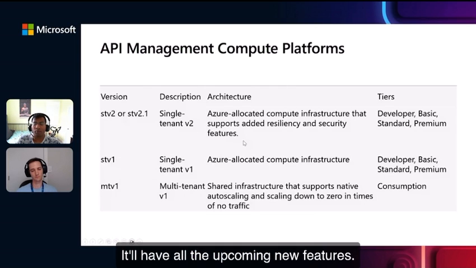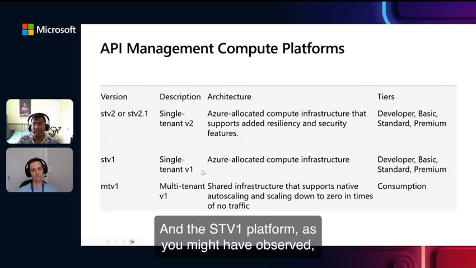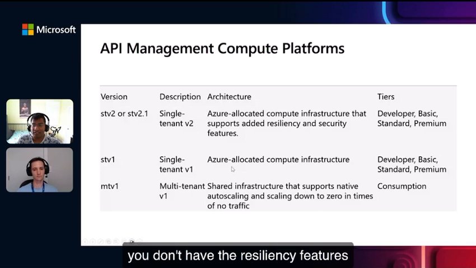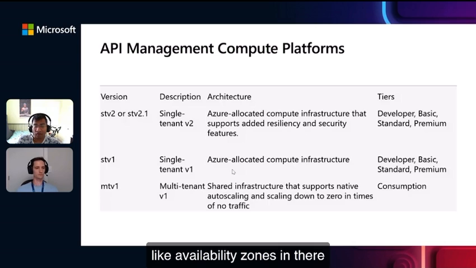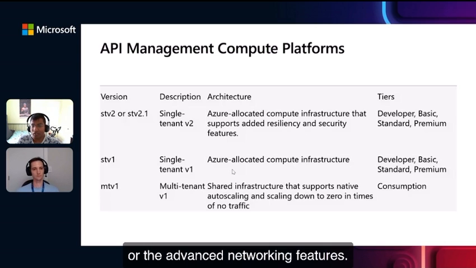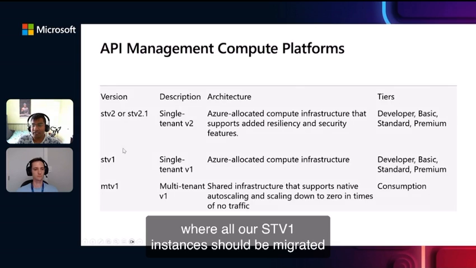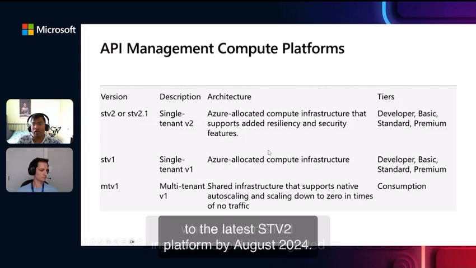It will have all the upcoming new features. The STV1 platform, as you might have observed, doesn't have the resiliency features like availability zones or the advanced networking features. So that's what we are looking at, where all our STV1 instances should be migrated to the latest STV2 platform by August 2024.